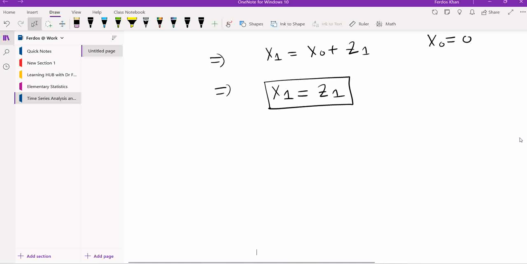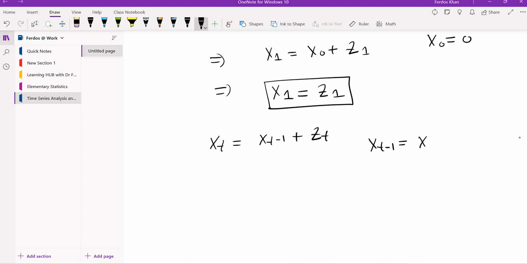Let's start again from Xt, that is equal to Xt minus 1 plus Zt. And remember that if Xt equals Xt minus 1 plus Zt, then Xt minus 1 is equal to Xt minus 2 plus Zt minus 1.